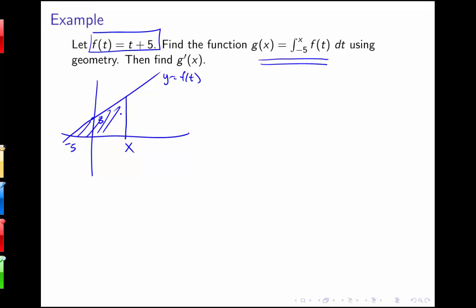So we have an area that looks kind of like this. So it's a triangular area, so I can talk about what the area formula for this integral is in terms of x. I've got this base of the triangle, which is x minus negative 5, or in other words, x plus 5, and the height would be f of x, which turns out to also be x plus 5 in this case. So I see that the area would be 1/2 times x plus 5 times x plus 5, or 1/2 x plus 5 squared.